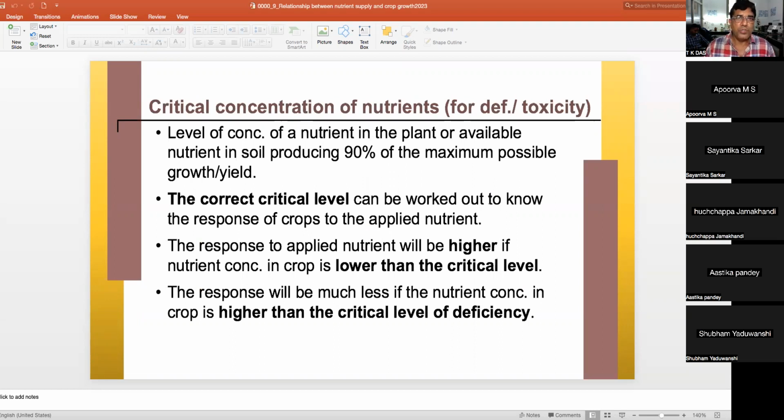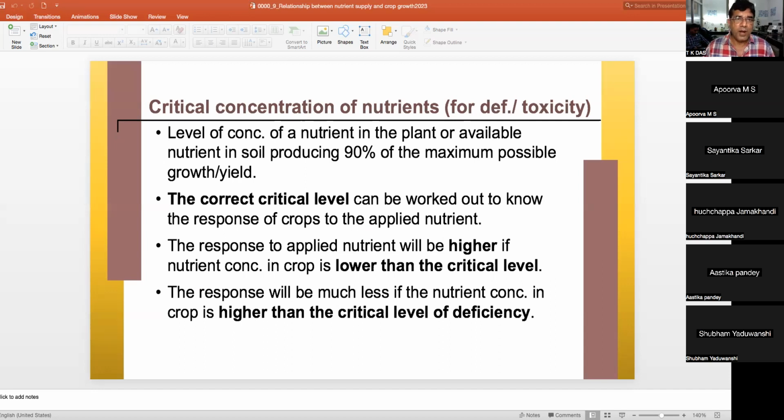So now the question comes, and in the last case also, in the evaluation of soil fertility, we were discussing the quantity of nutrient. How much, what quantity of nutrient should be applied? You have evaluated the fertility by different methods. Maybe you can identify the soil fertility by visual diagnosis, by seeing the deficiency or toxicity symptoms of the nutrient.